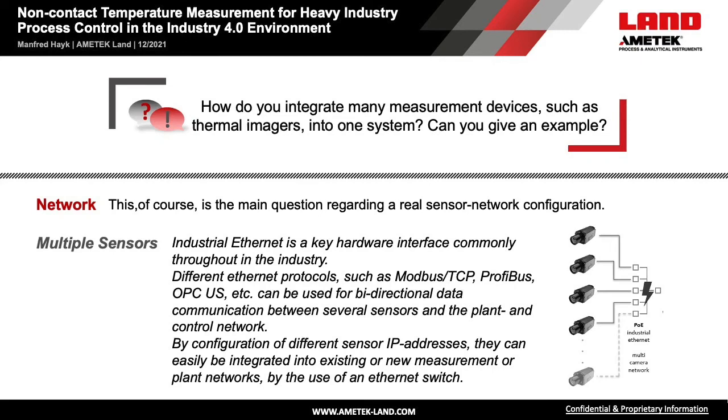Different Ethernet protocols such as Modbus TCP, Profibus, OPC-UA, etc. can be used for bidirectional data communication between several sensors and the plant and control network. By configuration of different sensor IP addresses, they can easily be integrated into existing or new measurement or plant networks by just using an Ethernet switch.